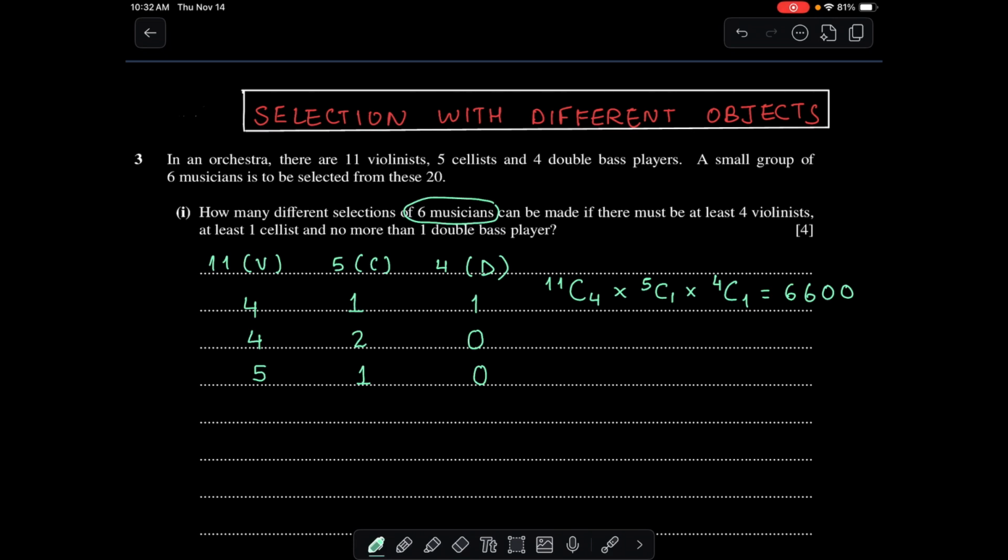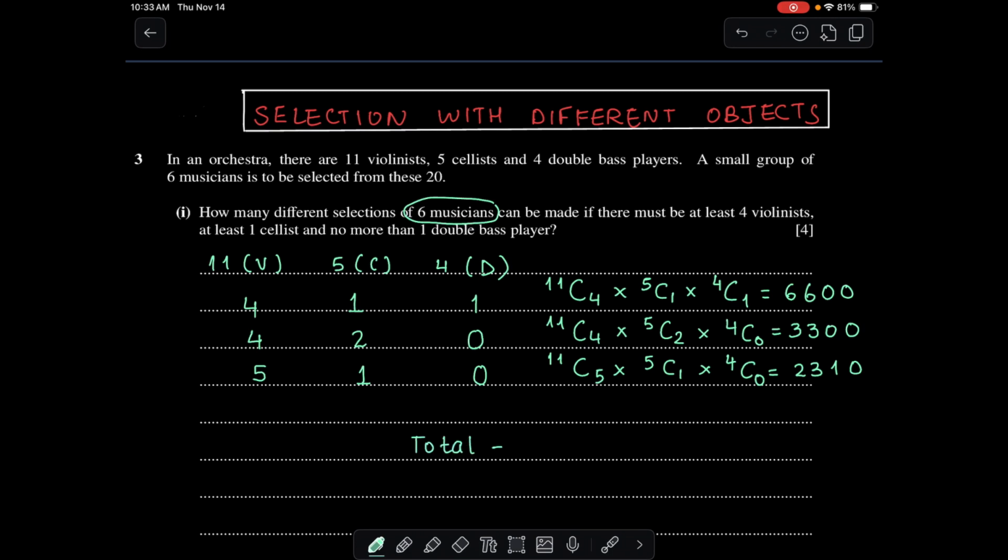Likewise, let us calculate the remaining. 11C4 times 5C2 times 4C0. This works out to be 3,300. The last one, 11C5 times 5C1 times 4 choose 0, and this works out to be 2,310.